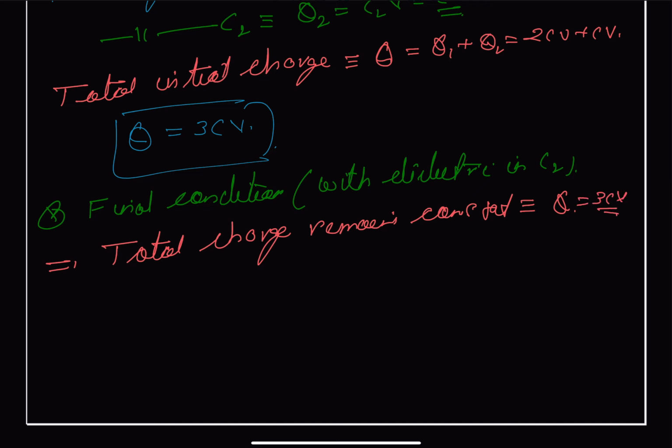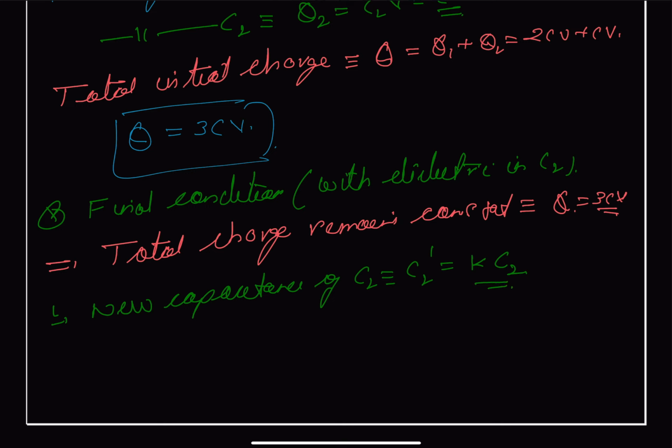And we can find out the new capacitance of C2. New capacitance of C2, let us call this C2 prime, will be equal to K times the original capacitance, that is C2.